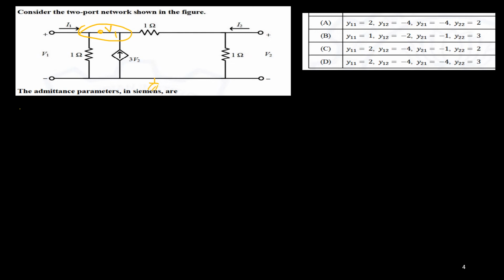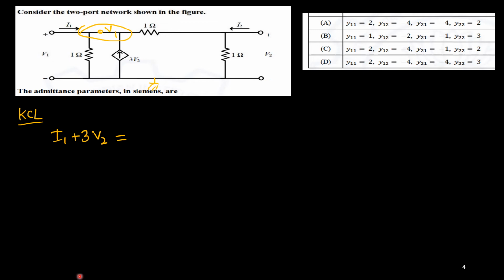If you apply Kirchhoff's current law, what will we get? The incoming current I1 plus 3V2 equals the outgoing current.